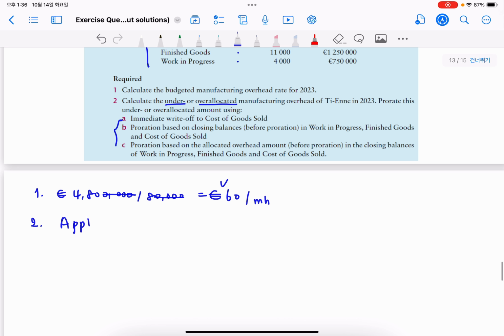So our applied overhead is 75,000 MH times 60. After the calculation, you will come up with 4.5 million euro.